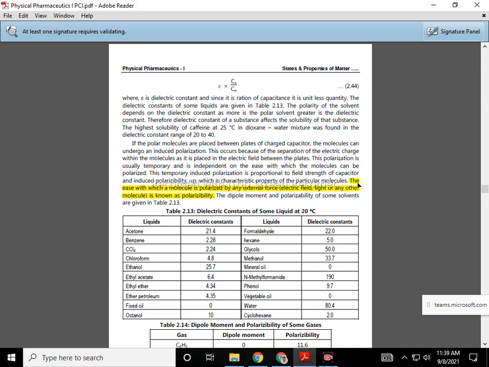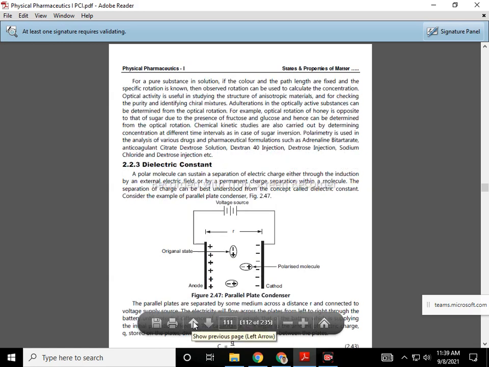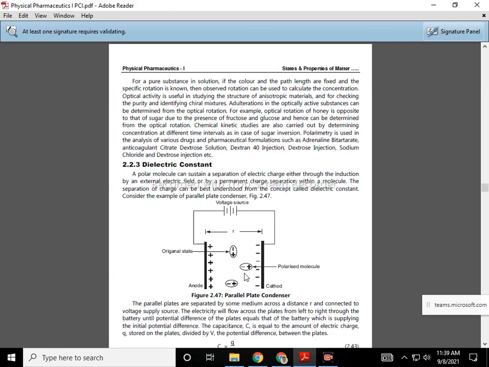Now read this. The ease with which a molecule is polarized by any external force, it may be an electric field, light or any other molecule, is known as polarizability. Here you can easily see that water is originally polarized, so with great ease, instantly, the water molecules would acquire this polarized state.